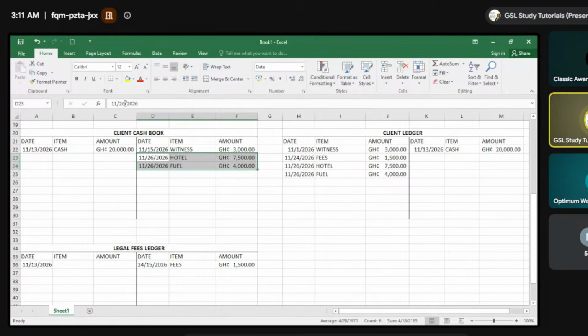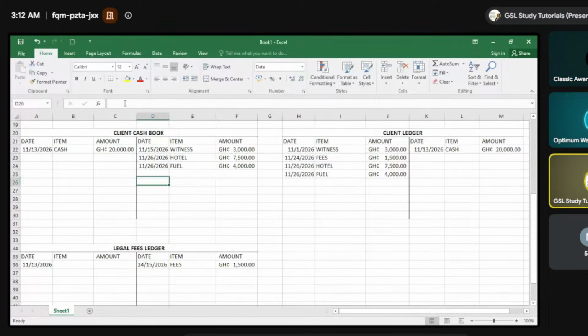How do we treat this transaction? And what are the accounts involved? Legal fees and client ledger. Great. Legal fees and then client ledger.